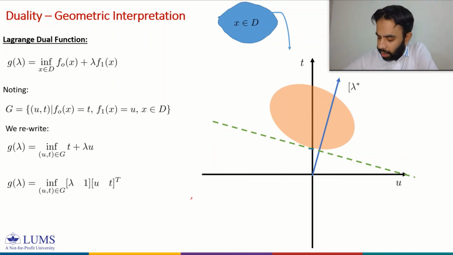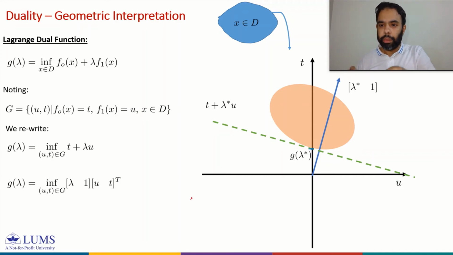So we denote this point with lambda star, and this is the line t plus lambda star u, and we have this point as g(lambda star). And since this is equal to p star, we have a case of strong duality.